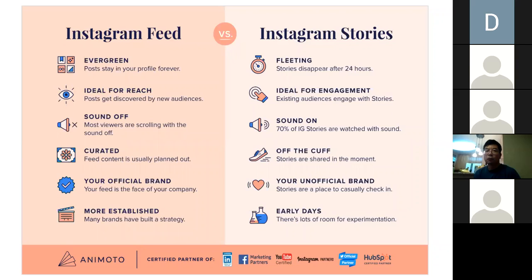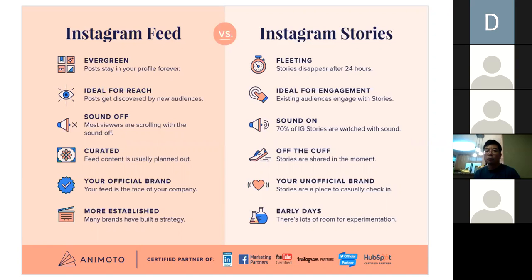In the feed, most people have sound off. In a story, a lot are putting sound on. Curated: feed content is usually planned out, whereas Instagram stories, as mentioned before, can be off the cuff, or they can be planned out and then strung together for a curated message.